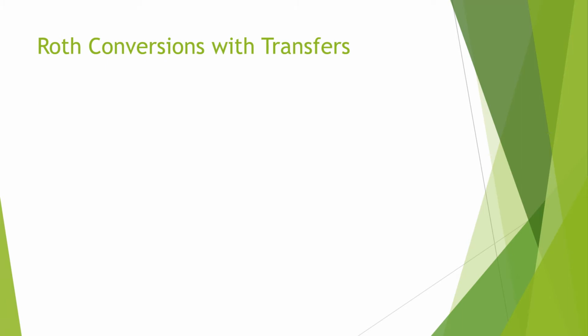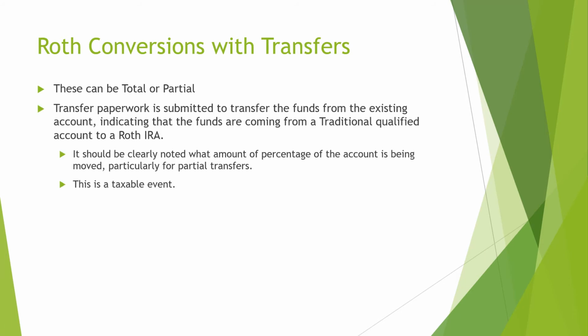Now, external Roth conversions with transfers. These are probably the most common. Again, it can be total or partial. If you want to do transfer paperwork to transfer the funds from the existing account, you'll just indicate on that transfer form that the funds are coming from a traditional qualified account and will be going into a Roth account.